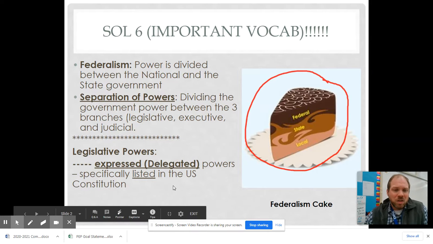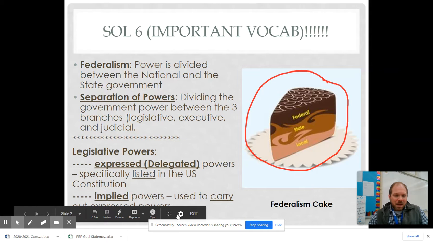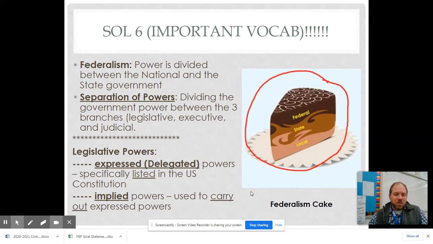Our next one would be implied powers. Now, our implied powers, these are the ones used to carry out express powers, but these are not specifically written in the Constitution. So an implied power would be like the federal government is allowed to raise the price of stamps. So our Constitution says the federal government can create the post office.